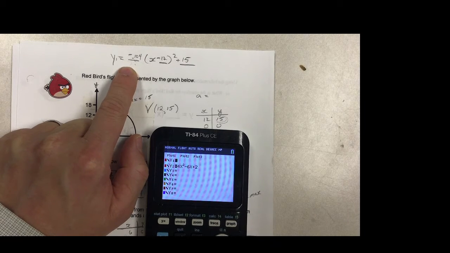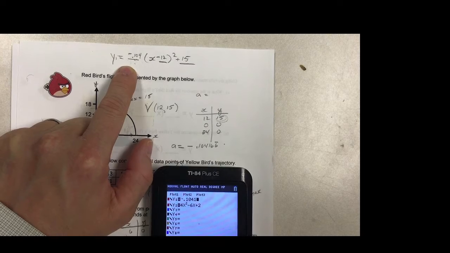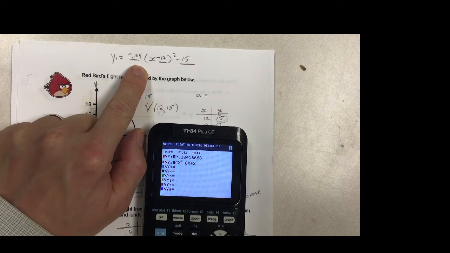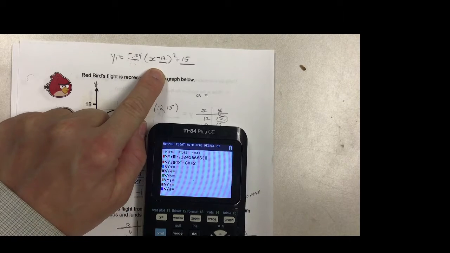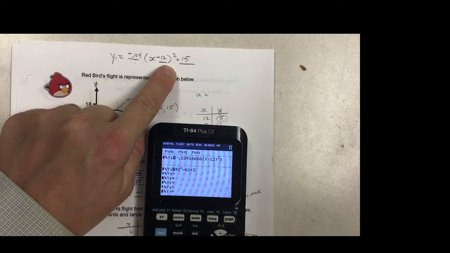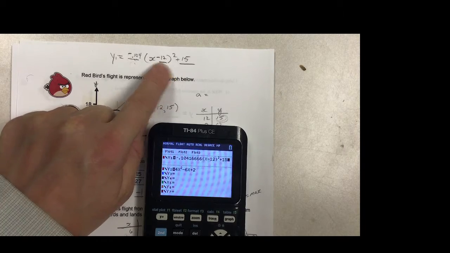And I'm going to put in equals negative 0.10416666. And then I'm going to put bracket x minus 12, bracket all squared, and then plus 15. So I'm just going to put them all in. Yellowbird.